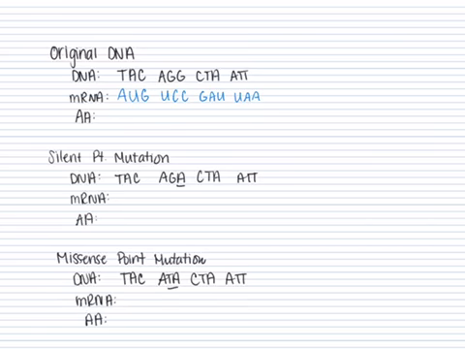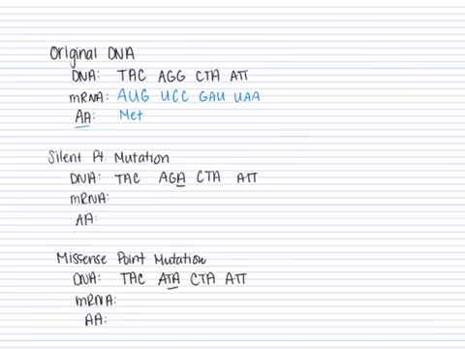So you're going to need to look at your codon chart and read these codons to create your amino acids, which is what AA stands for. AUG, you guys should know this by now, is MET, or methionine, or start.